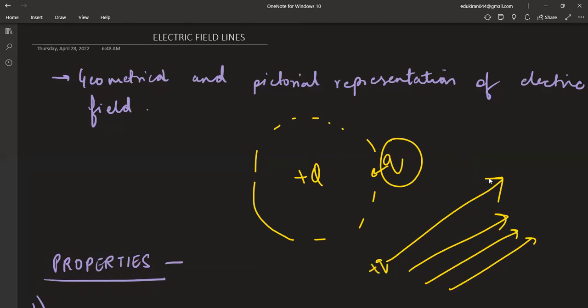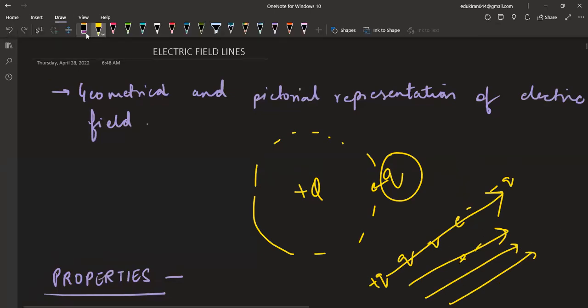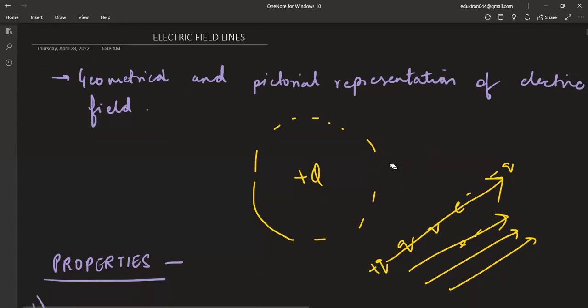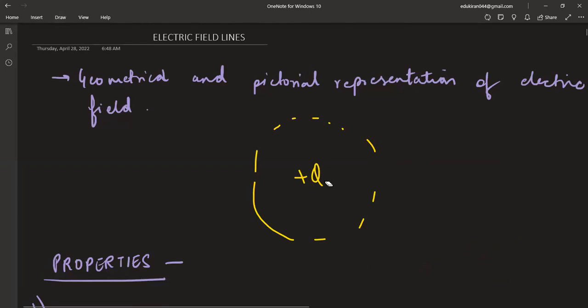Yes, from plus Q to minus Q, or there are lots of charges, electrons, protons kept in between that is making up this electric field line. These actually do not exist. In reality, you have just electric field, but we all need some physical existence for our calculations, for our studies.